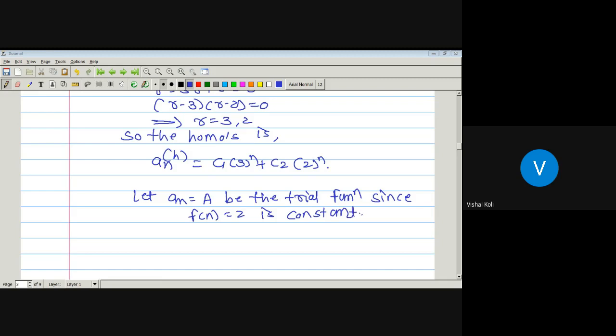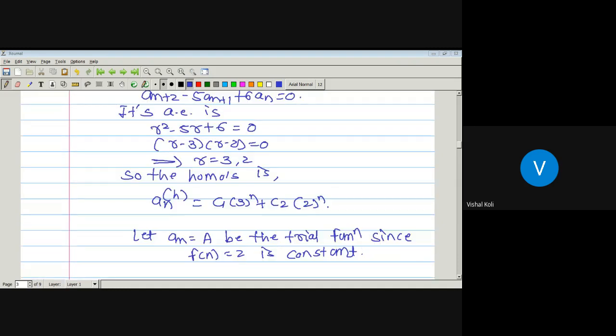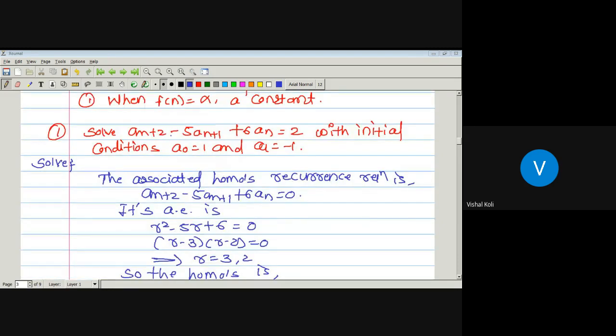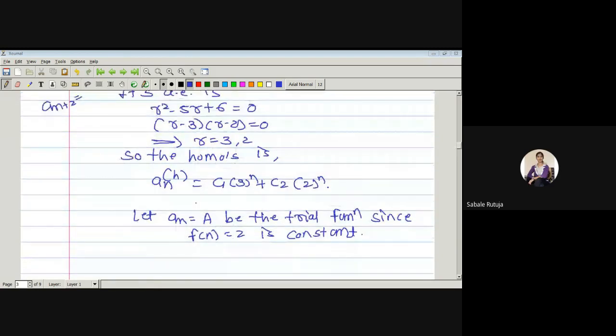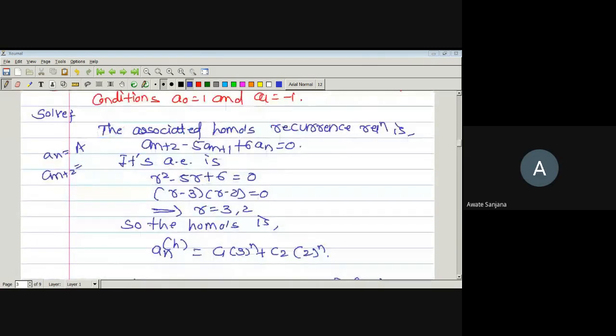Now put a(n) equal to A in our given recurrence relation. Then what is a(n+2)? A. If a(n) is equal to A, a constant.